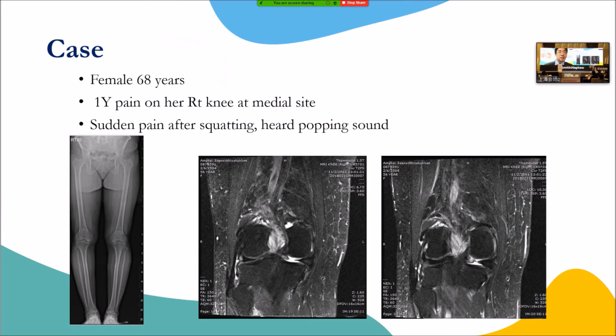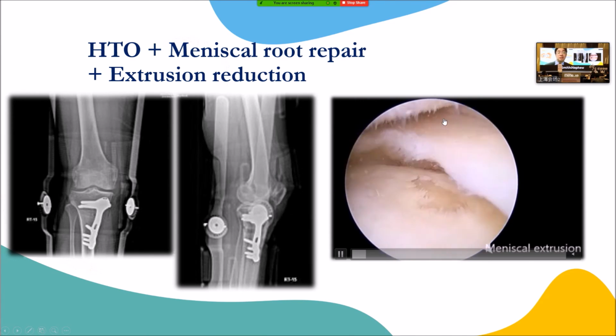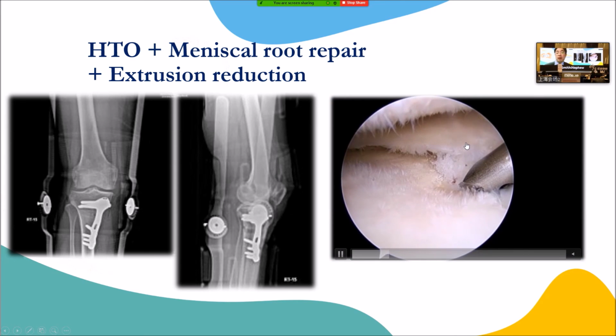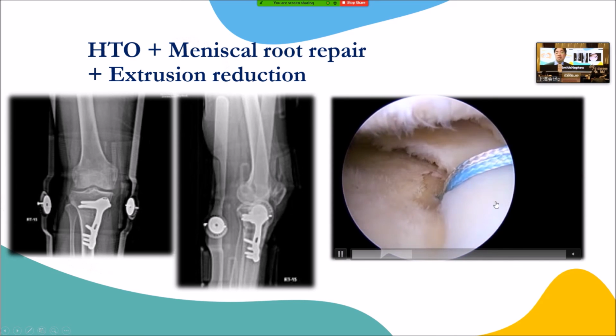So another patient, 68 years old, has 1 year of knee pain after squatting and heard a pop sound, right? So the patient has a meniscus root tear, and the patient starts to have some arthritic change, you see? So for this patient we need to combine. I use the suture anchor, okay?